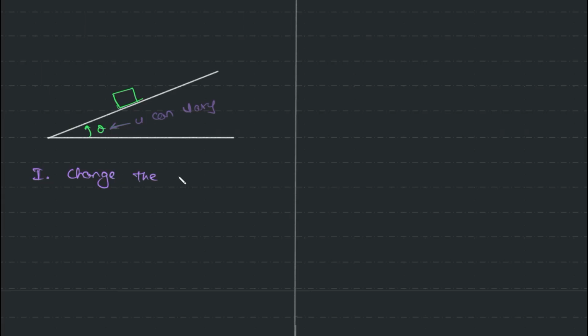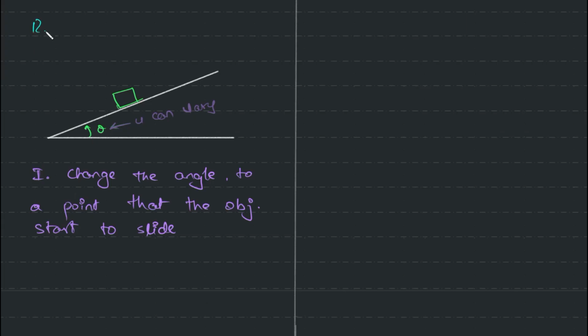So basically you're increasing it to a point that the object starts sliding, actually starts to slide. I'm not able to get the language. And that particular angle is your angle of repose.